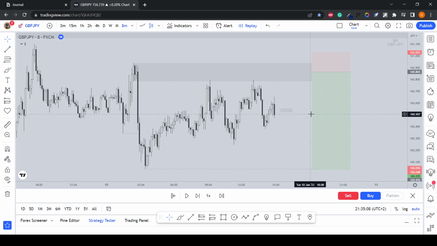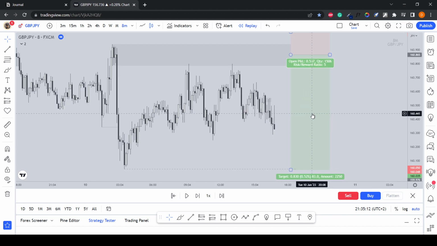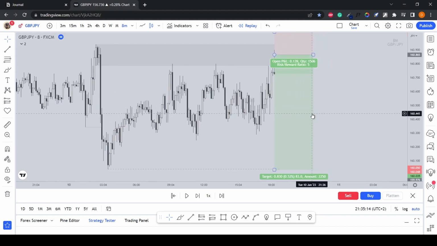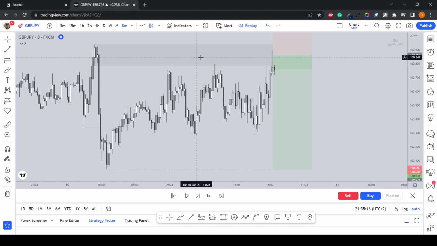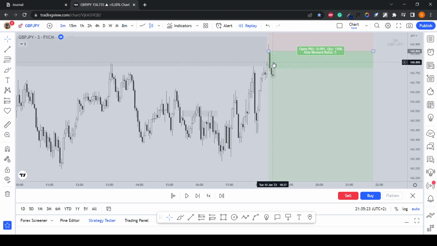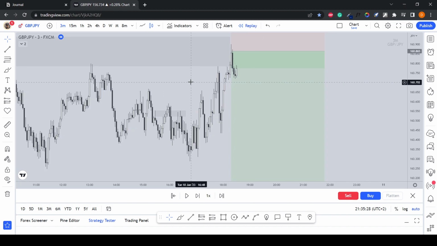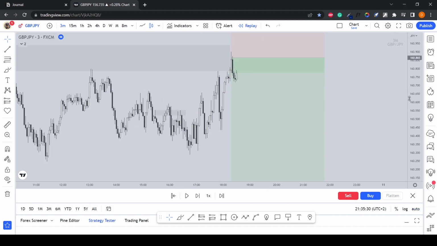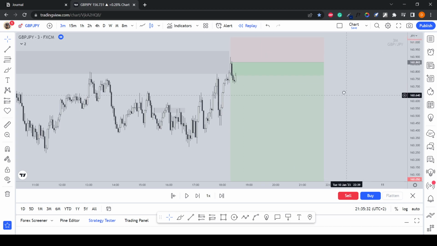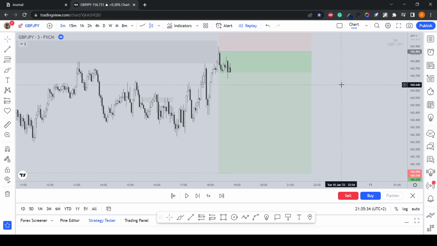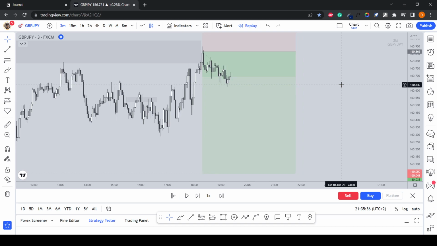And then in the evening, as you can see, I had my first trade when price tapped. Again, I don't like the end of the New York session, so for me it was not the highest quality trade, but I decided to enter. I gave it some room to breathe, and once it went here, I moved to break even.